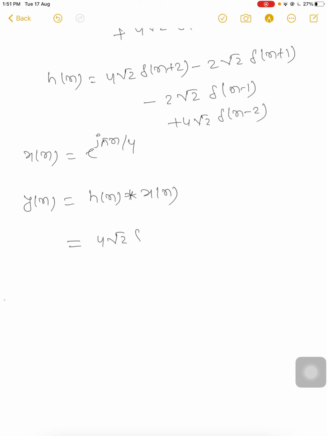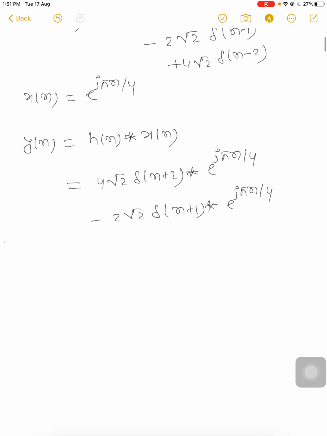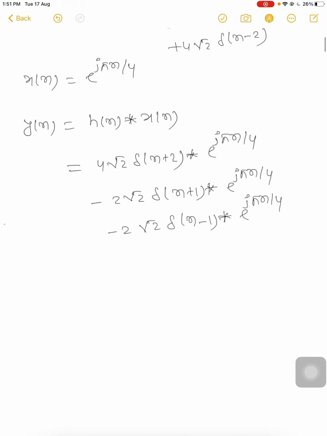4 root 2 delta[n plus 2] convolution e to power j pi n by 4, minus 2 root 2 delta[n plus 1] convolution e to power j pi n by 4, minus 2 root 2 delta[n minus 1] convolution e to power j pi n by 4, and plus 4 root 2 delta[n minus 2] convolution e to power j pi n by 4.